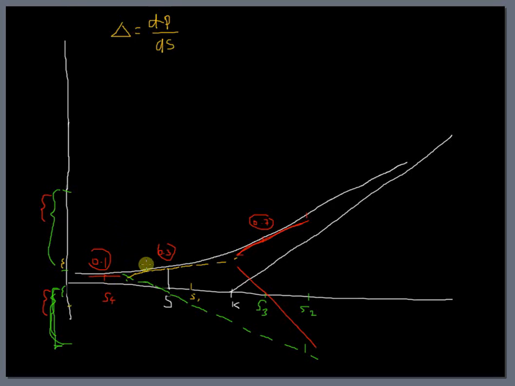Okay, so from this example, we can see that we are actually selling when the price is high, and we are buying back the shares when the price is low. So this is the example of buy low, sell high.